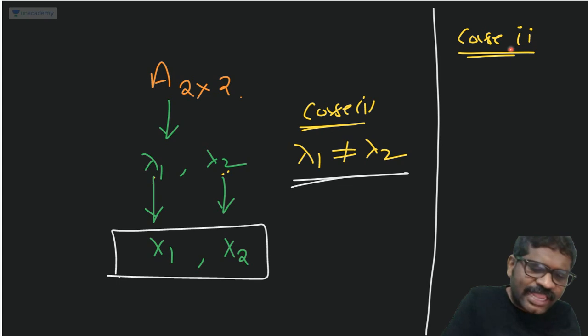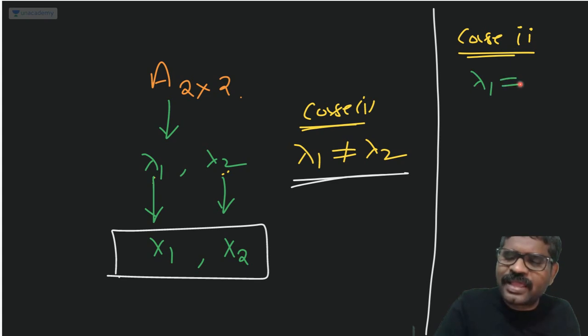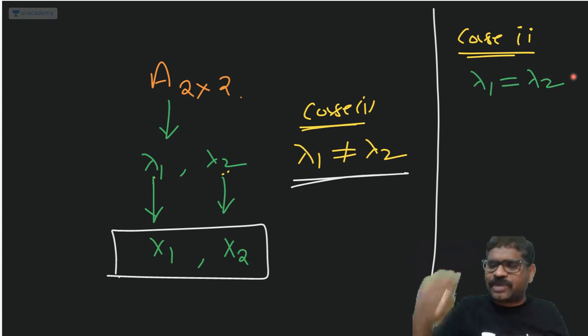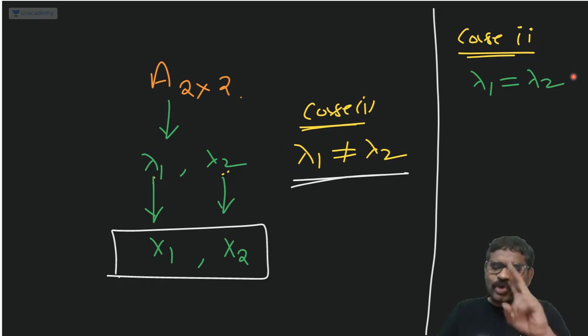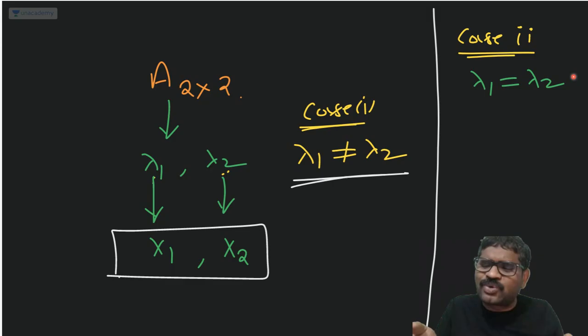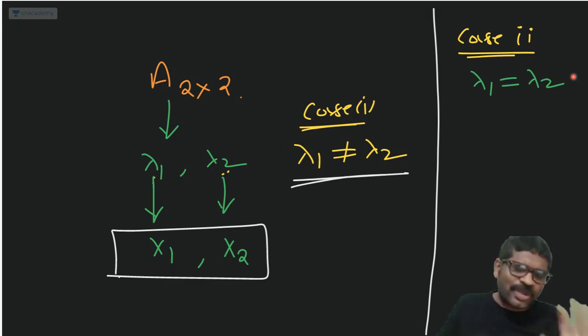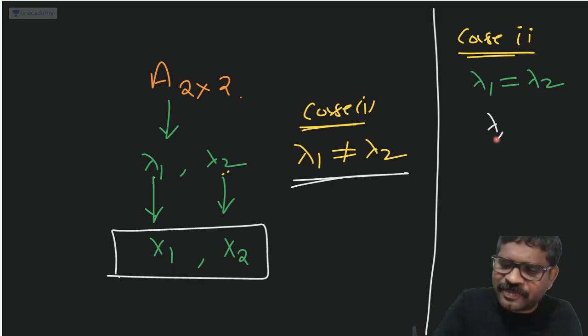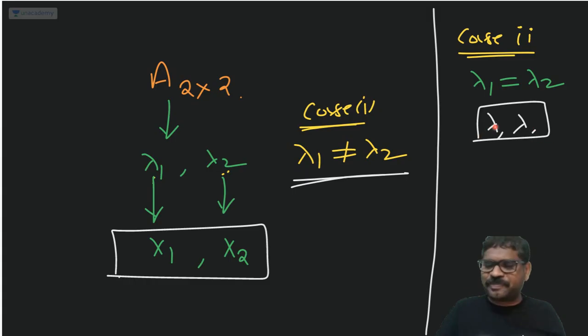Suppose eigenvalues are the same, lambda 1 equal to lambda 2. So two eigenvalues are repeated. Why write lambda 1 equal to lambda 2? Write lambda comma lambda, because the matrix is 2 cross 2, so your eigenvalues are lambda and lambda.